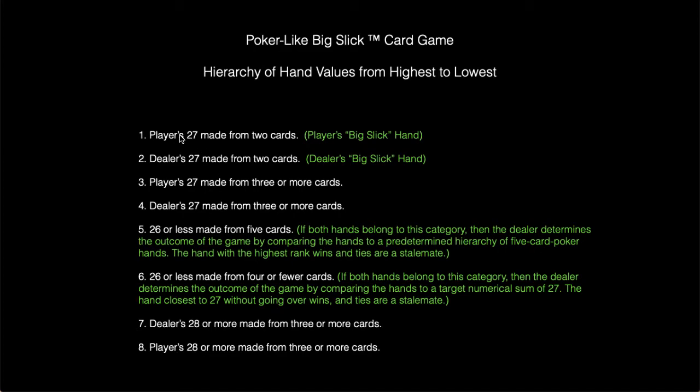The player can make a 27 from 2 cards. That's the highest value hand, a player's Big Slick hand. After that comes the dealer 27 made from 2 cards, the dealer's Big Slick hand. Then player 27 made from 3 or more cards, and dealer 27 made from 3 or more cards.